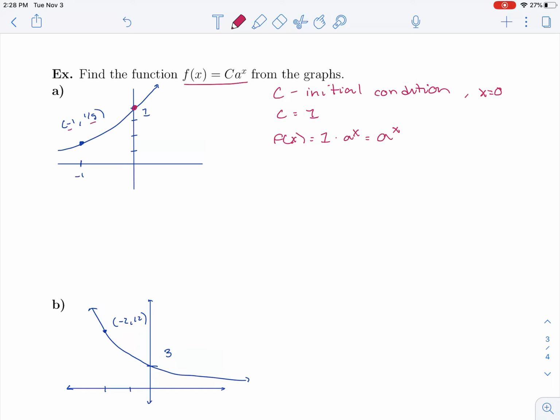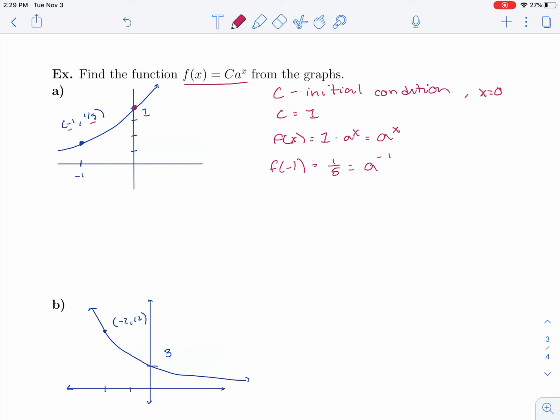-1 and 1/5. And I need to find what a is. I'm not told this is exponential growth, I'm just looking at a graph. So let's just plug in these numbers. f of -1 equals 1/5, and plugging it into the function, that's just going to be a to the -1.